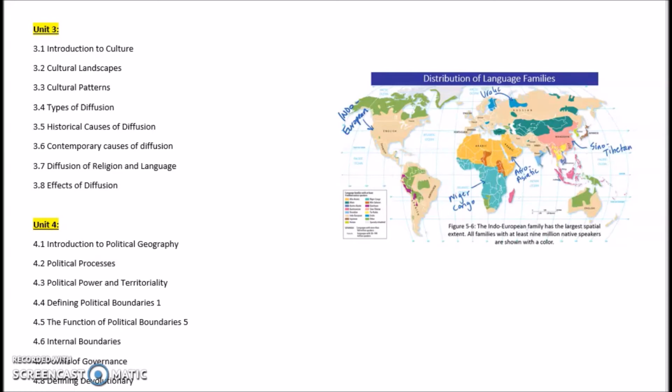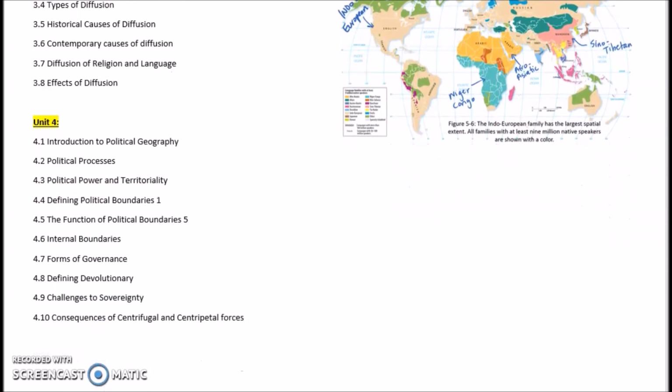Okay, let's see. Looking over political geography, you need to know the different types of maps. You need to know the different shapes and morphologies of countries. You need to know what a political boundary is, understanding that there are political boundaries within countries, also known as states, but then to make something a country, it has to be internationally recognized.